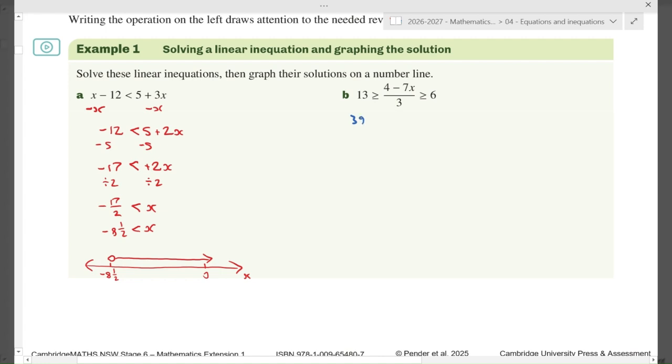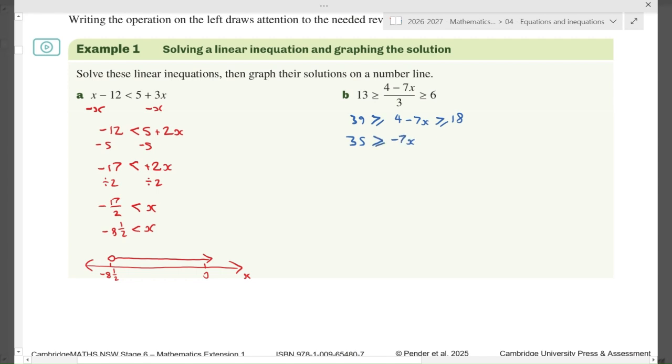So we've got 39 is greater than or equal to 4 minus 7x, which is greater than or equal to 18. All happy with that? Then what do we do? Addy, what do we do next? Plus or minus 4. Definitely minus. But you're right, it was definitely one of those two. So we get 35.